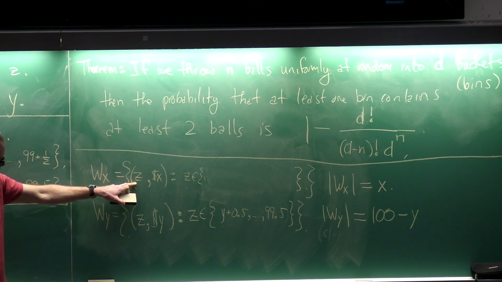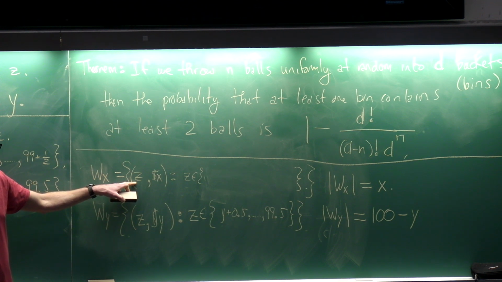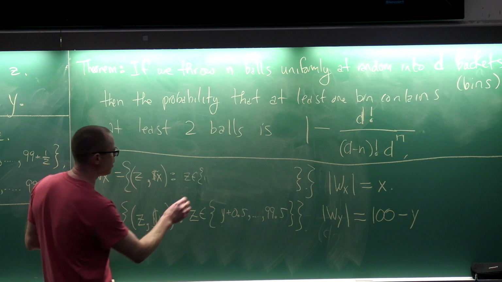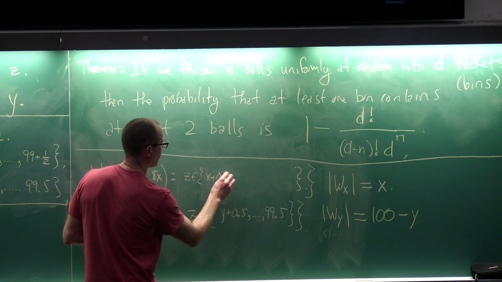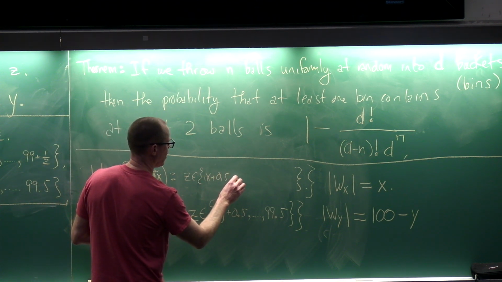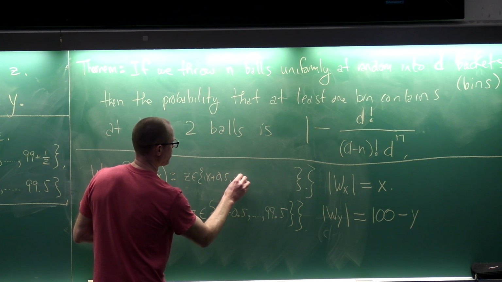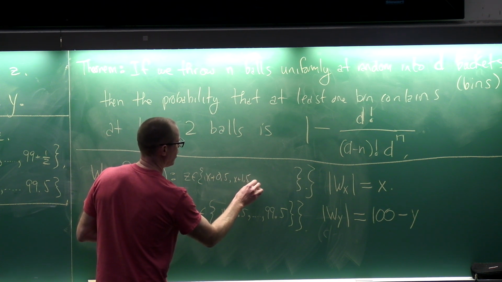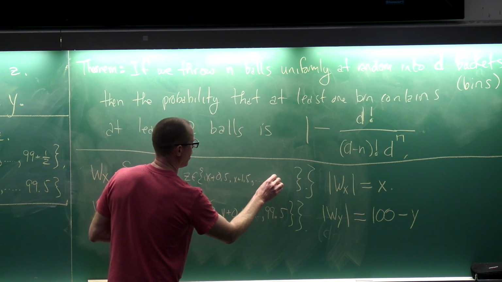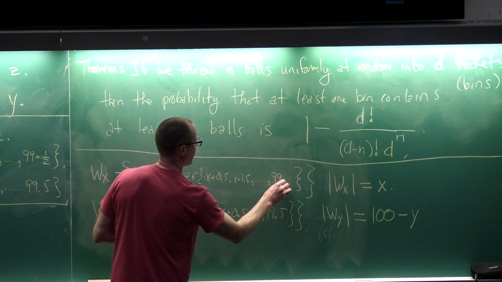I win here if I pick a value of z that is bigger than x, right? That means the thing that I see is smaller than z, so I'll change values. So this should be x plus a half, x plus 1.5, all the way up to 99.5.